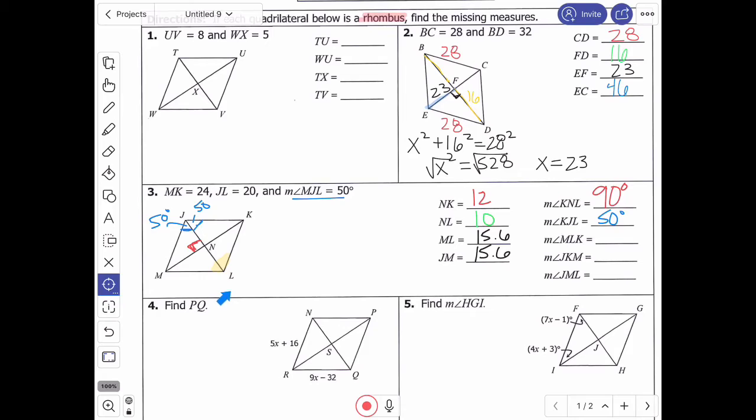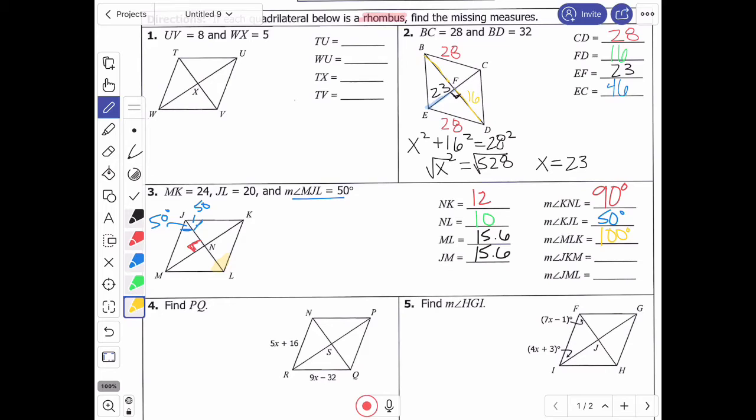And if you remember all the way back, parallelograms have congruent opposite angles. So 50 plus 50 totals 100 degrees for just this angle. That means this yellow angle is also going to be 100 degrees because it's the angle opposite from both of those. Okay? So this is 100.